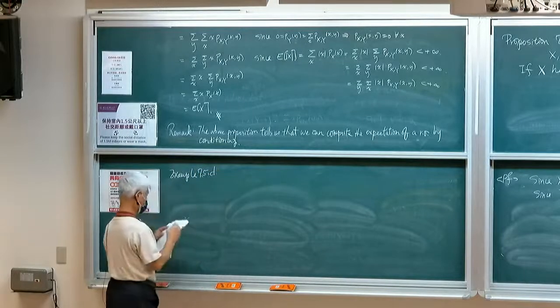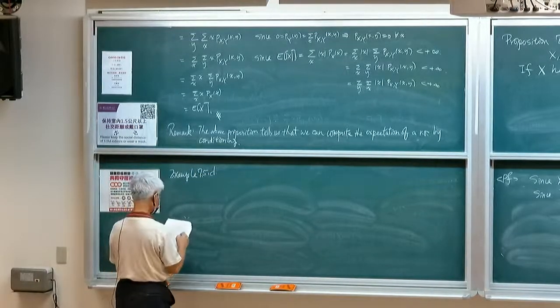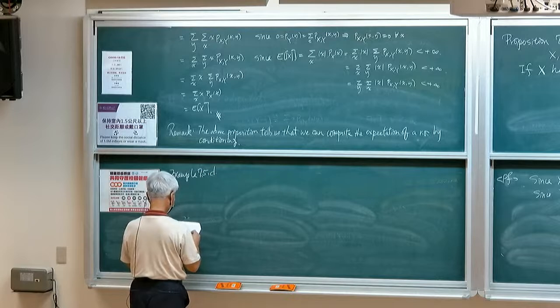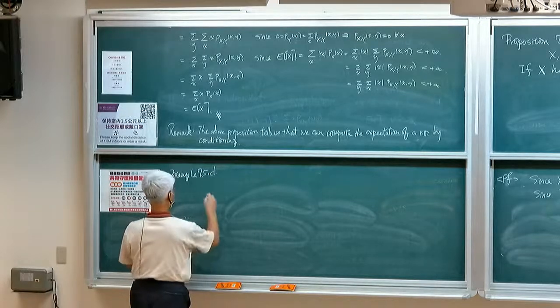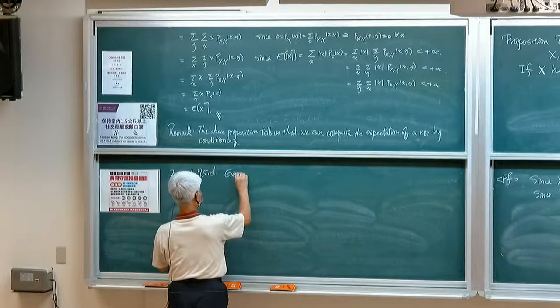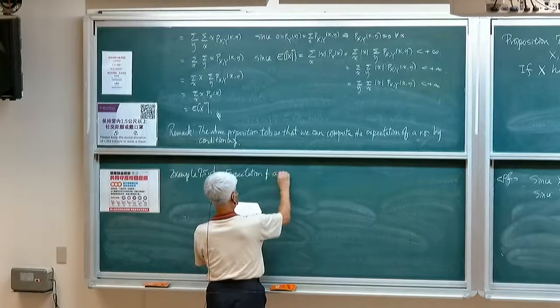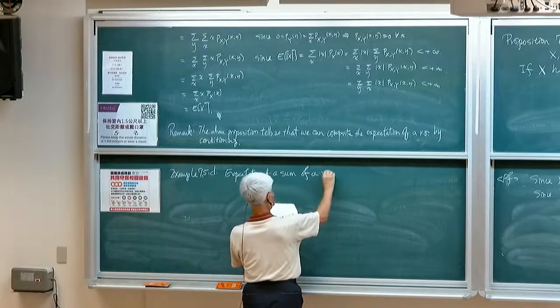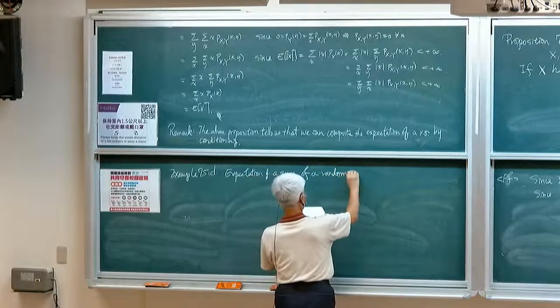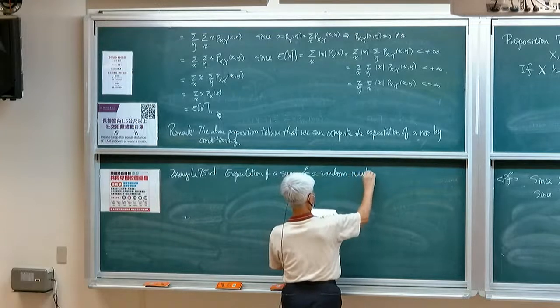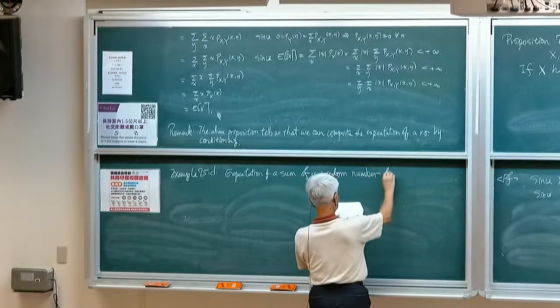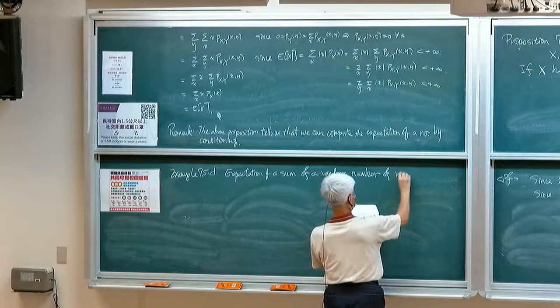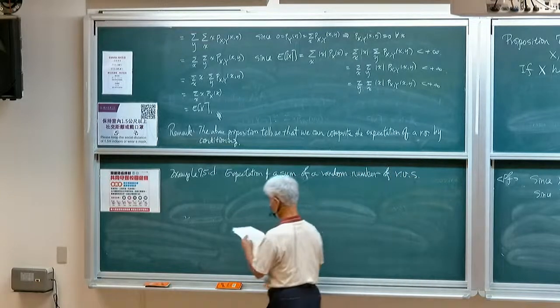It's an example in the textbook. It's about the expectation of a sum of a random number of random variables.